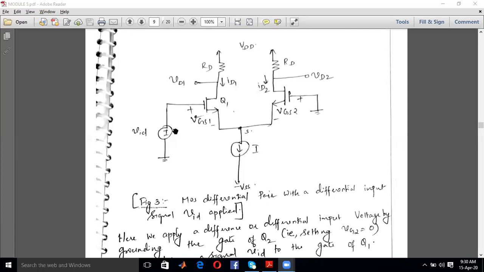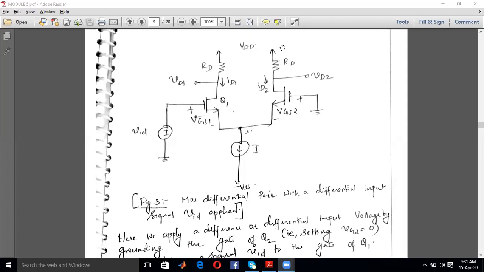Okay, I'll repeat once more. Here you have given a more positive voltage at the gate of Q1 and a little bit negative or less positive voltage at the gate of Q2, which means Q1, being an NMOS transistor, is conducting more than Q2. So ID1 will be more than ID2. As ID1 is more, the drop across this RD is more.